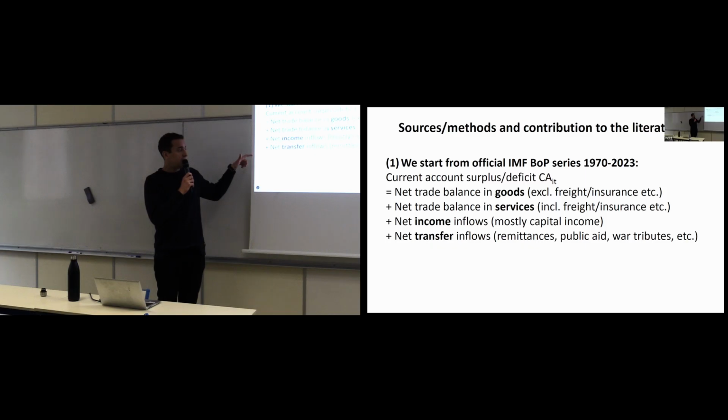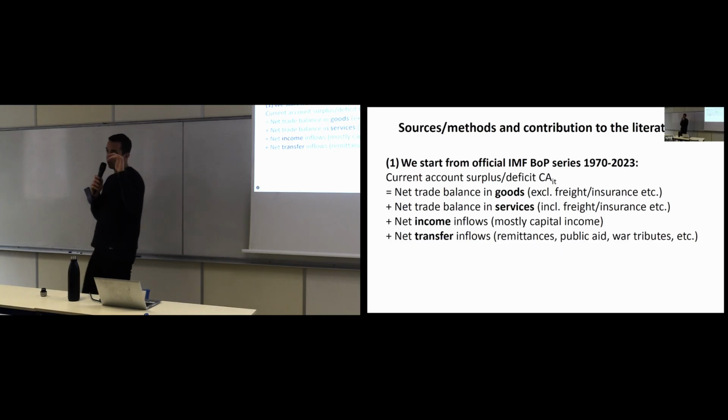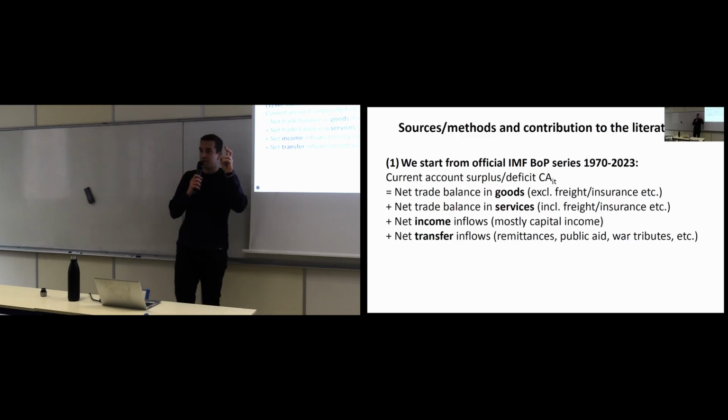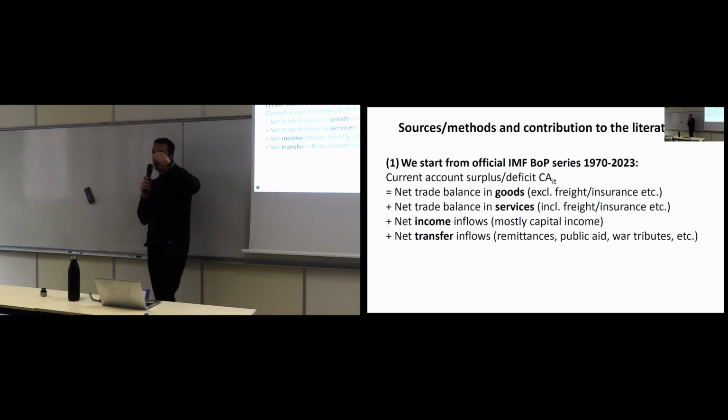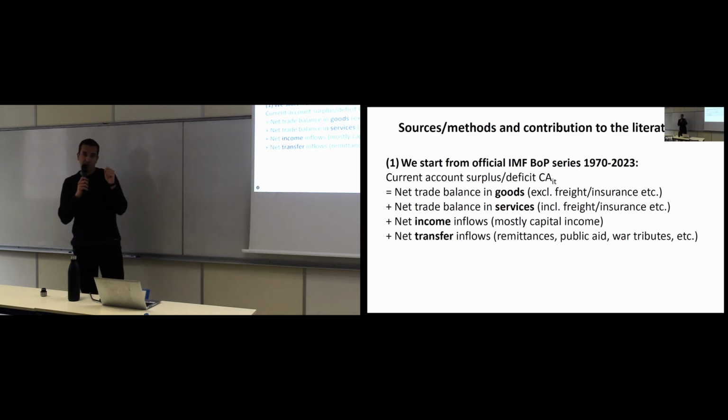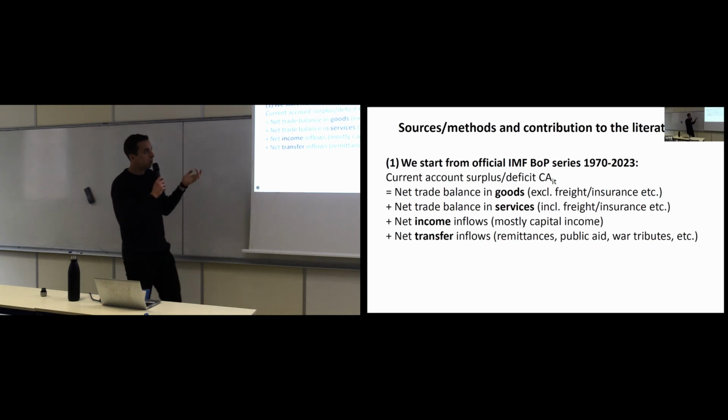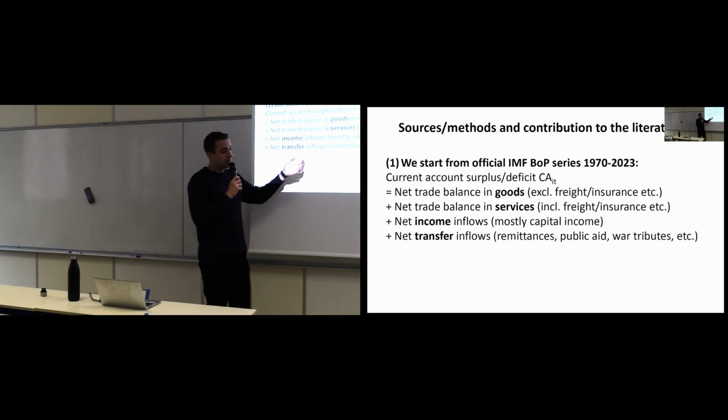And net transfer inflow, and this is very important. So net transfer inflows are monetary flows that don't have a counterpart, so you're not buying or selling any services. You are simply giving a gift, let's say, which could be remittances today, so migrants in the global north that send money back to their families in the global south simply because they want to. Public aid, also very nice.